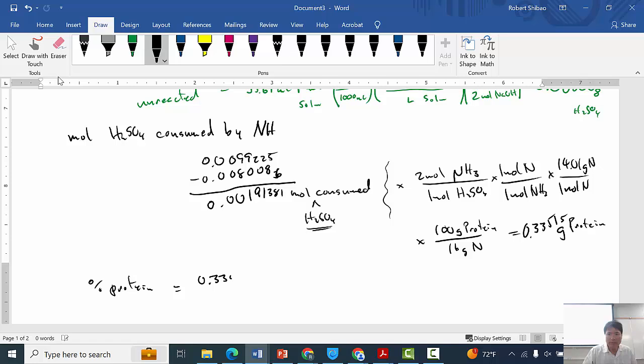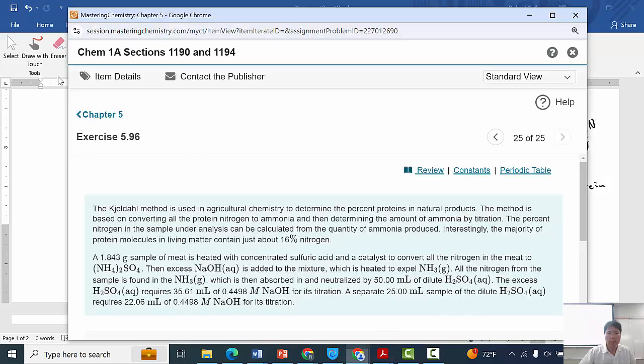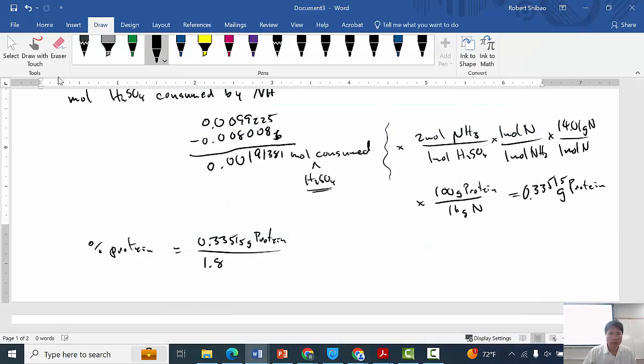So 0.33515 grams of protein over 1.843 total times 100%. That's 5. So I get 18.19% protein.